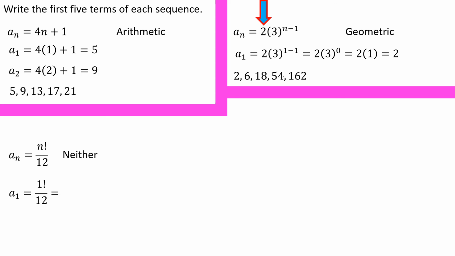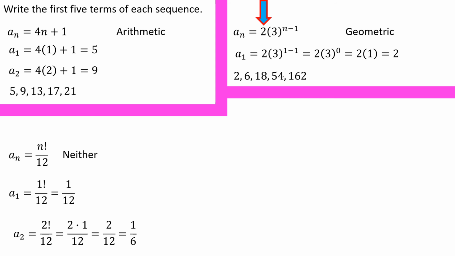Okay, so 1 factorial over 12. Well, 1 factorial is 1. 1/12 won't simplify, so that's the first number in the list. Okay, the second number, 2 factorial over 12. So 2 factorial is 2 times 1, which is 2. 2 over 12 will reduce and become 1/6.